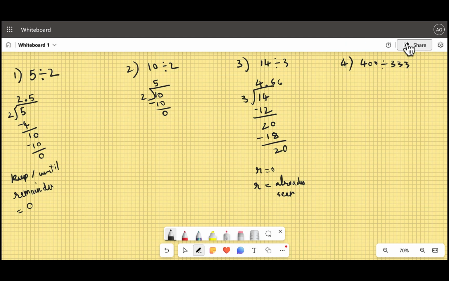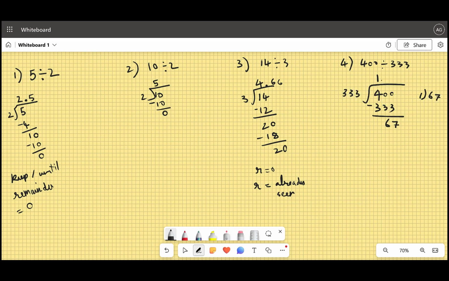I'll explain this with a better example here. I'm dividing 400 by 333. So 1 times 333 is 333. If we subtract, we get 67. Let's keep track of the remainders. This is our first remainder, 67, since it is smaller than the divisor.